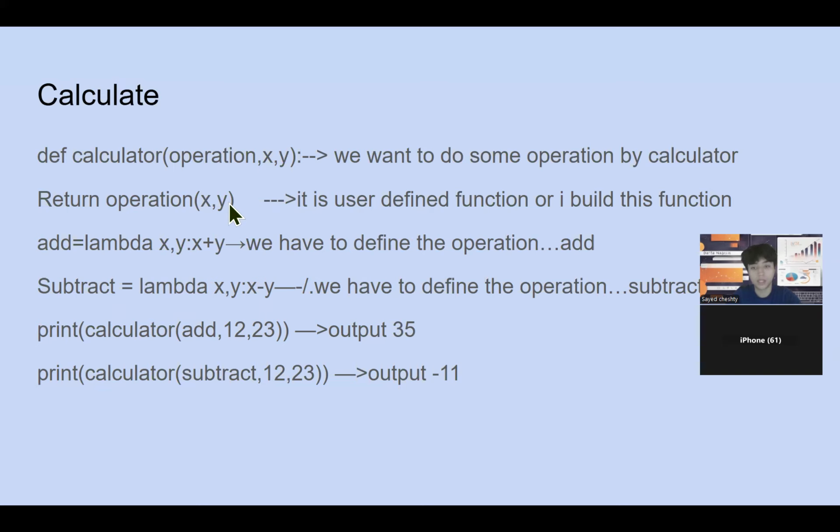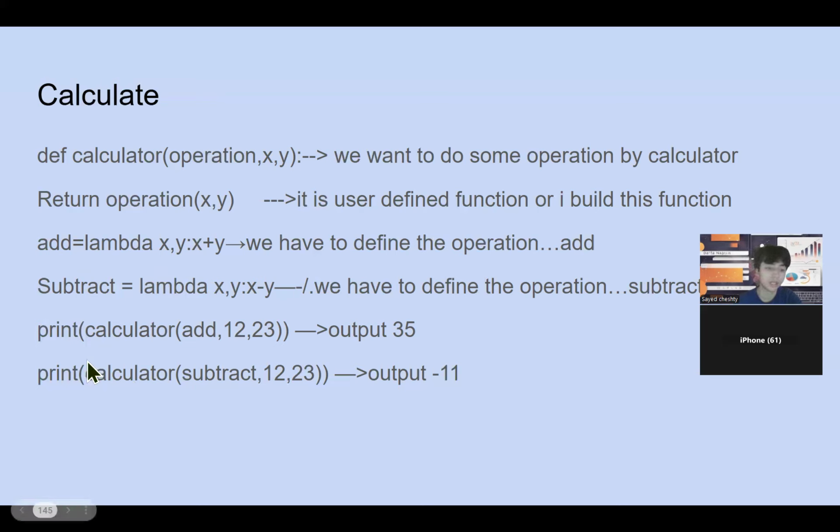I built this function because if we didn't put this return operation and we just did add equals lambda x comma y colon x plus y, it will give us an error because the function is not defined. But since we built the function, it works. So we don't need to keep putting return operations after every one. Now we do subtract equals lambda x, y colon x minus y, which is a subtract operation.